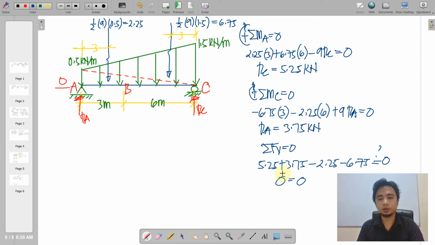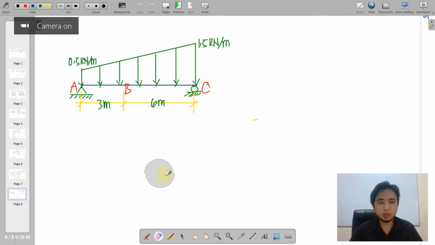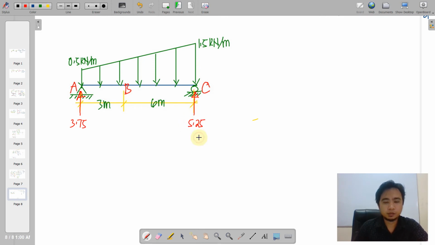We are now ready to have your shear and moment diagram. Okay, so working with this beam now, we are going now to place our reaction. Say this is 3.75 and that is 5.25.